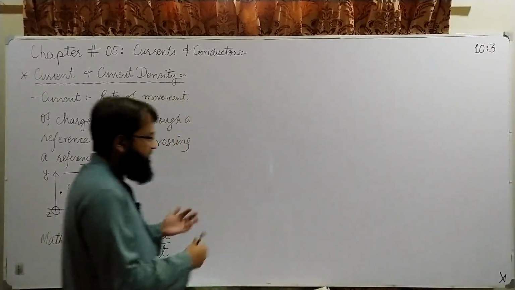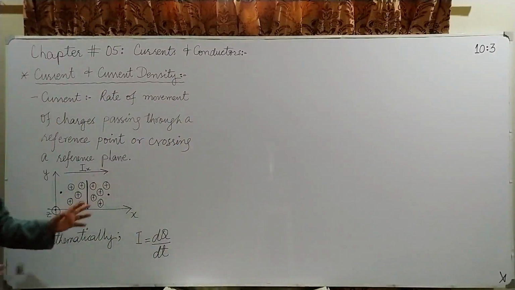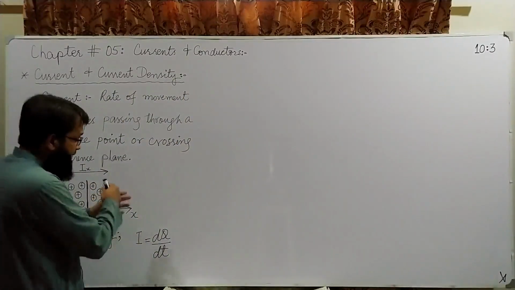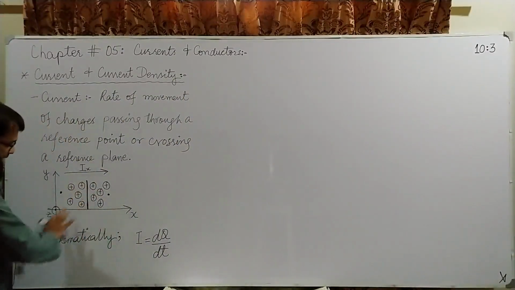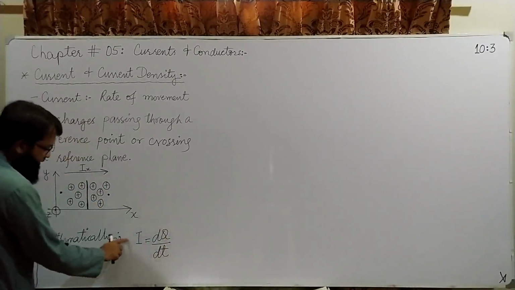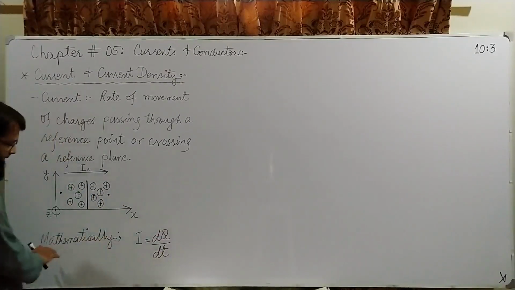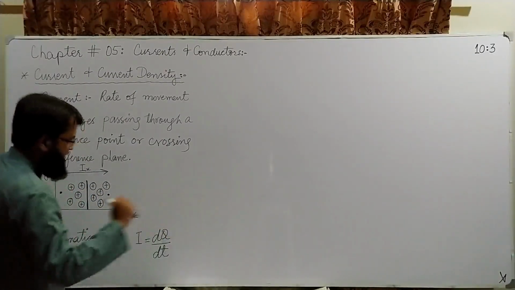But current is not really the rate of movement of charges from one point to another, through one point or through one plane. Rather, it is rate of change. The more accurate definition of current is that current is nothing but rate of change of charge.